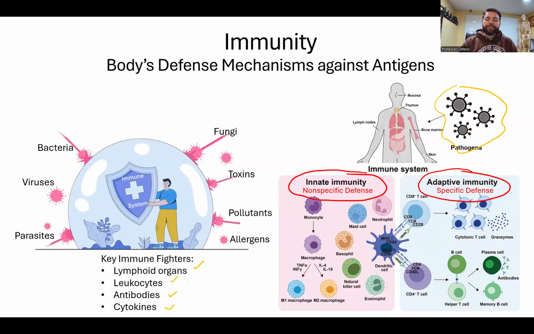I think we dive into a specific slide on innate immunity, so I don't want to talk about it too much, but it's non-specific. Innate immunity is designed to just kill bacteria in general or prevent things from getting in or destroy viruses in general. And the adaptive immunity is specific, right? It's specifically targeted.